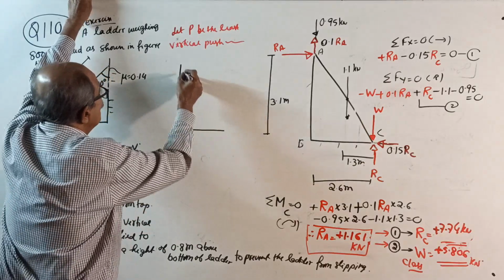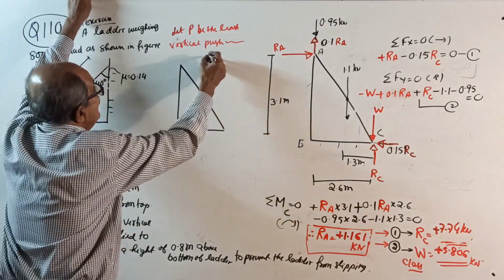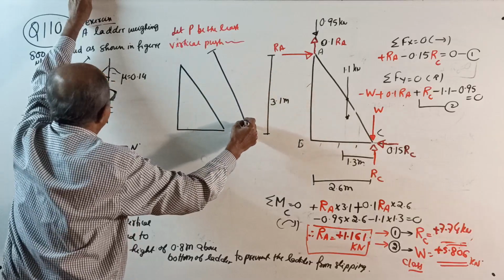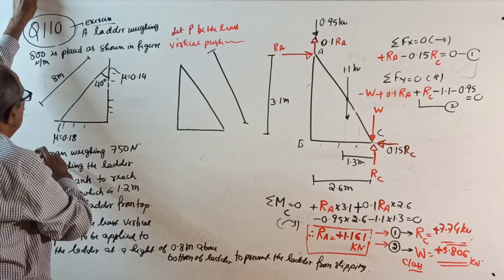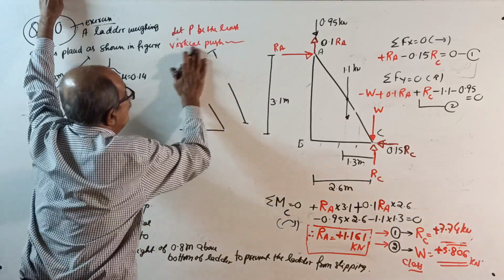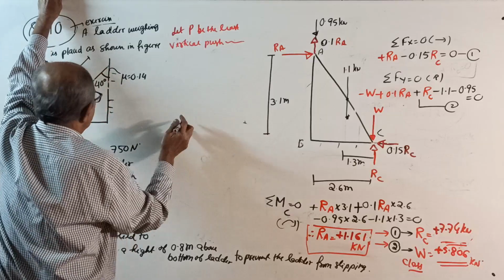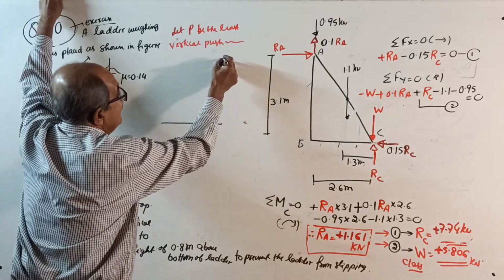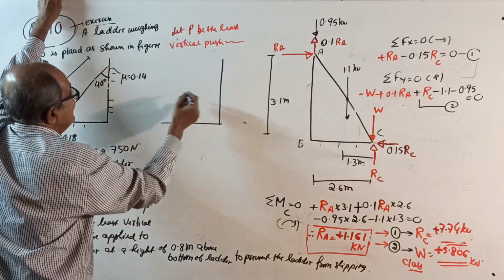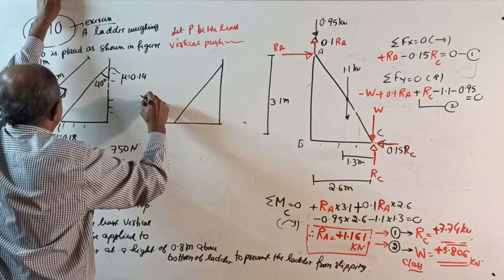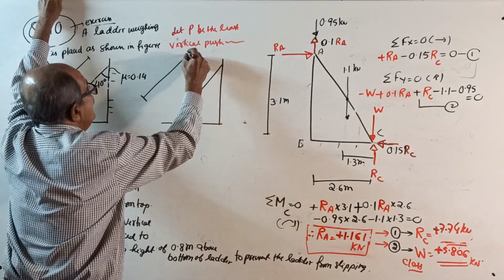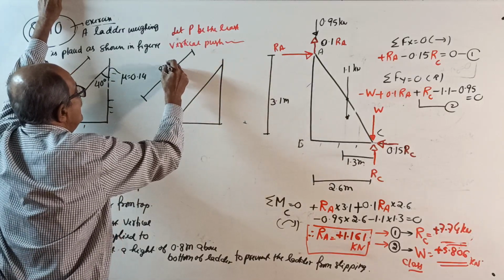I don't want to waste more and more time now. Okay, this is the ladder. The ladder is this side. Okay. So this is the 8 meter length of the ladder.